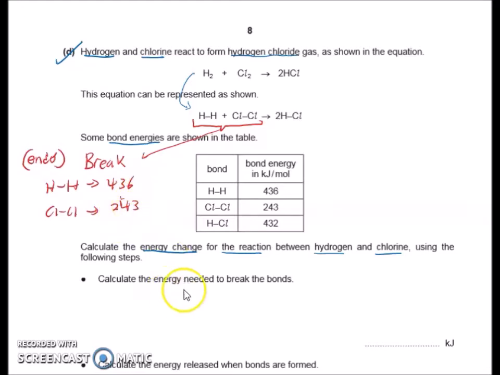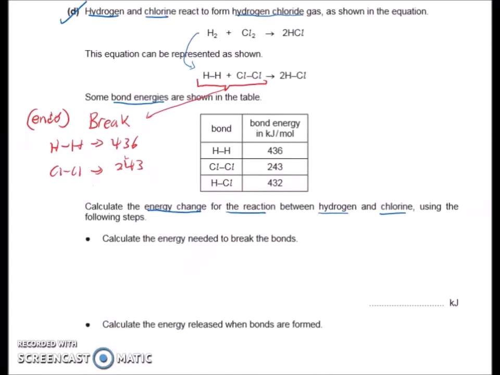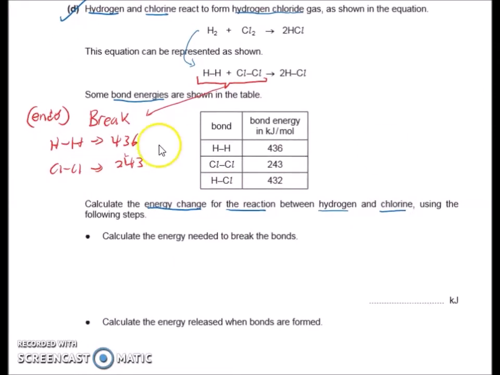So for your calculation here, calculate the energy needed to break the bonds. You can say 436, we add 243, and you'll be getting 679.